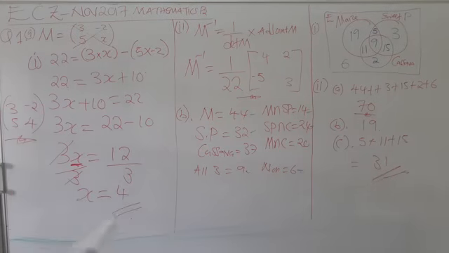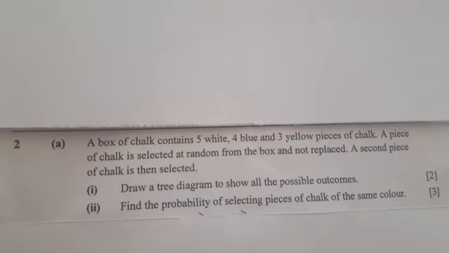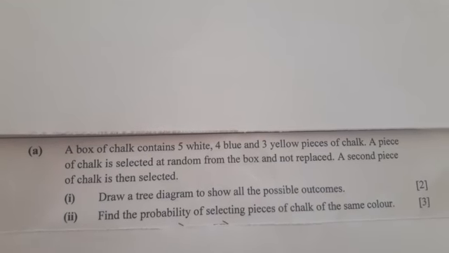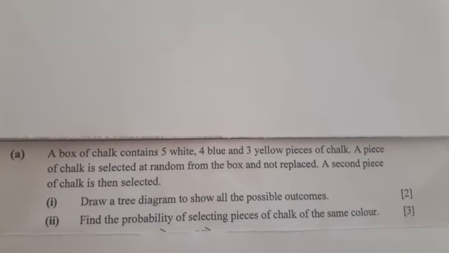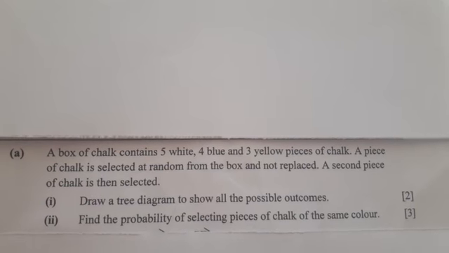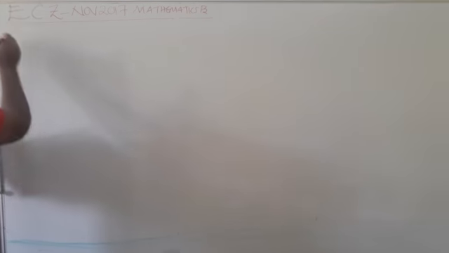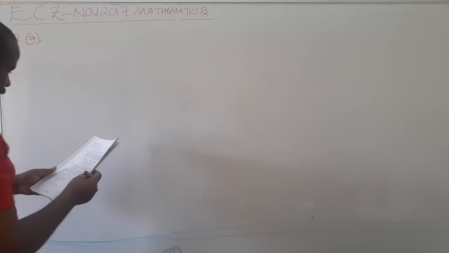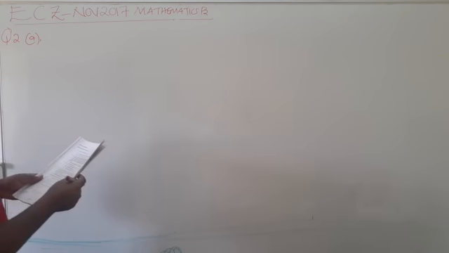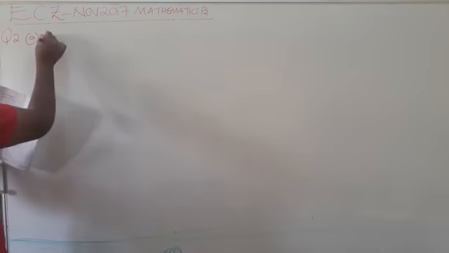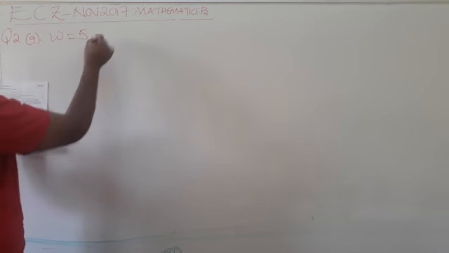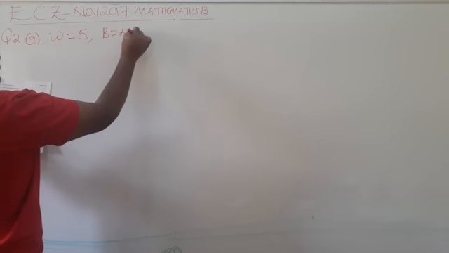We go to question 2. So you can copy, that is question 2a. Pause the video, copy. Okay, so let's read together. We are saying a box contains 5 white. So white, there are 5. 4 blue, there are 4.